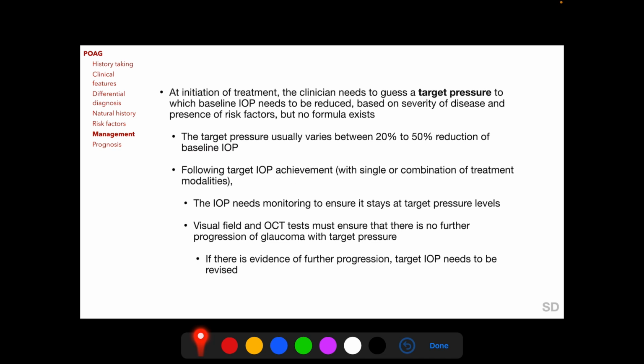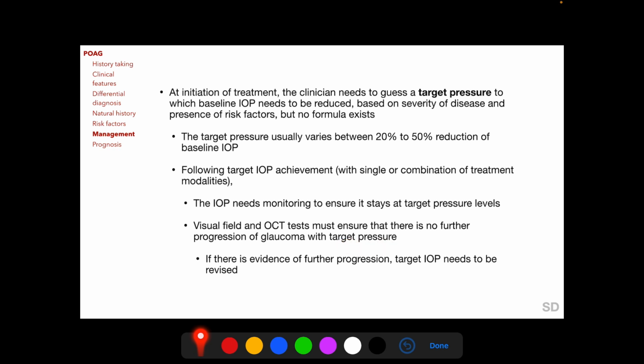Following achievement of the target intraocular pressure, the intraocular pressure needs monitoring on long-term follow-up to ensure that it stays at target pressure levels, and visual field and OCT tests must ensure that there is no further progression of glaucoma with intraocular pressure at the target level.